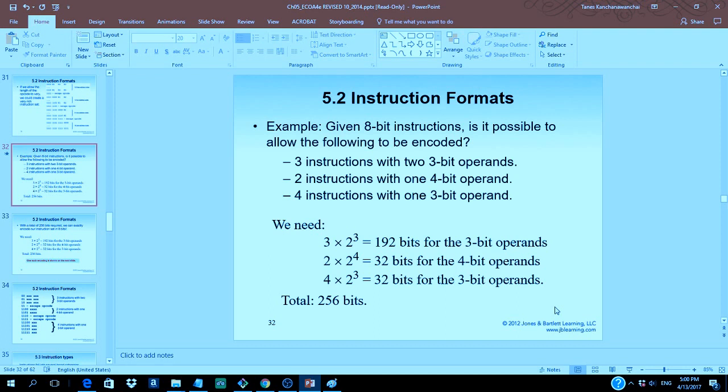That works, right? We have four instructions. We get 4 from here, we get 2, and then we get 3, right? So that's good. Any questions? So with 8 bits we can have up to 9 instructions.